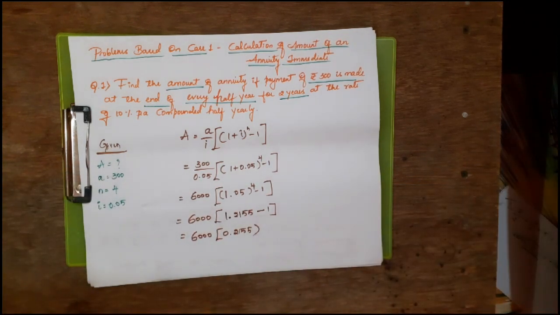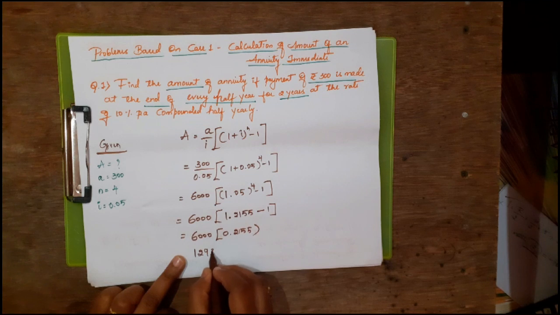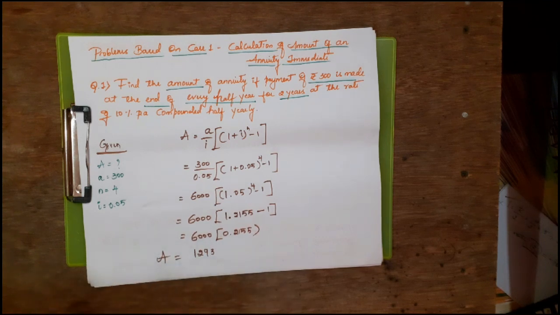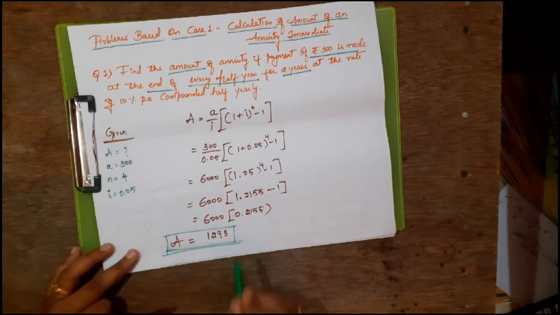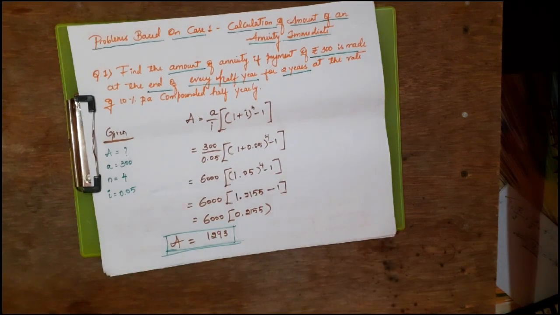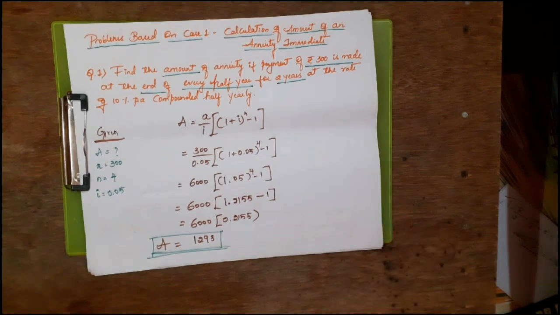Multiply this, so you will get 1293 as amount. So 1293 is the amount you are getting. Okay, this is how we have to calculate annuity immediate. Okay, hope you can able to solve the sum based on this example.